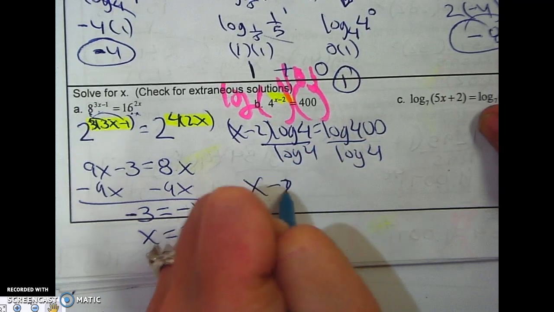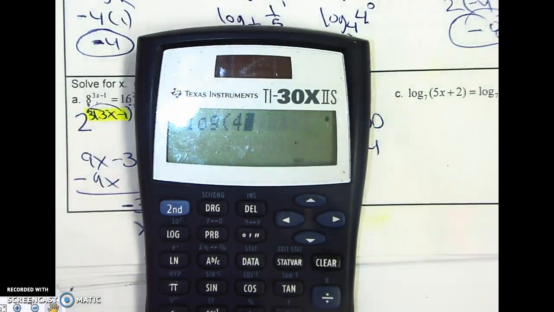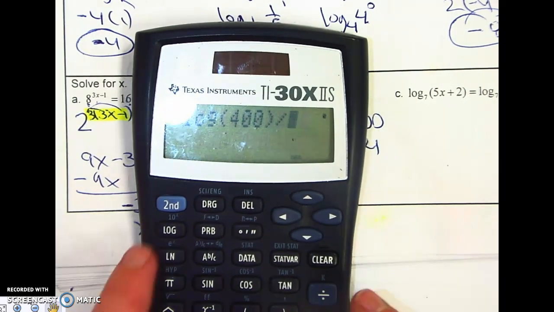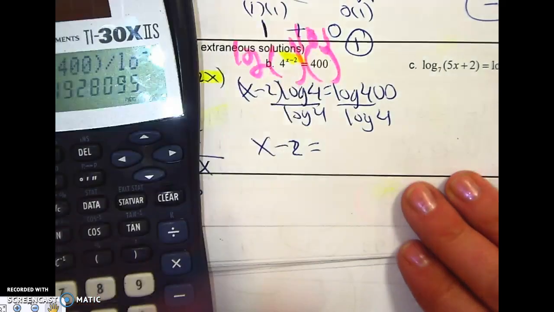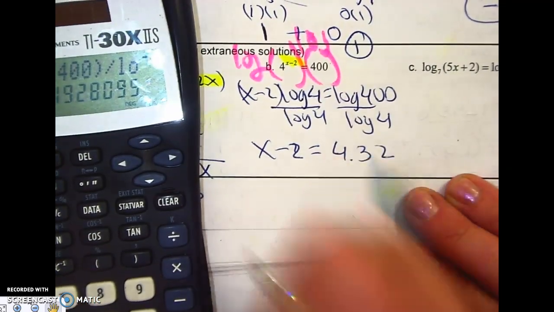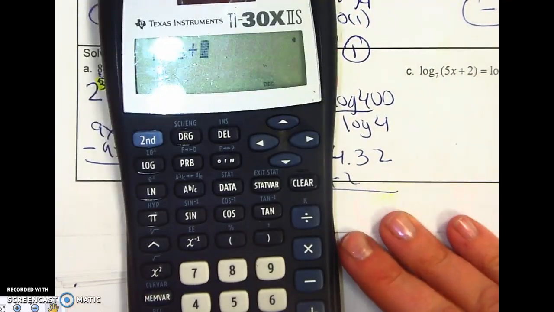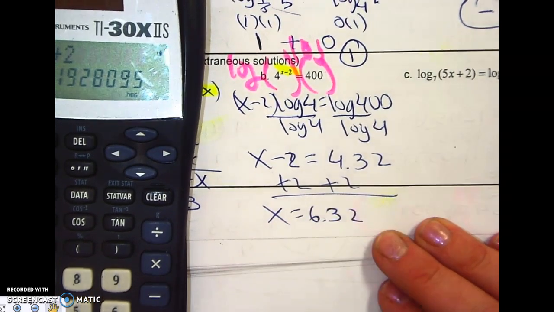And you get x minus 2 equals, pick up my calculator, log of 400 divided by log of 4, and I get 4.32, which is an estimation, and then I add 2, and luckily on my calculator that wouldn't change, so I get x equals 6.32.